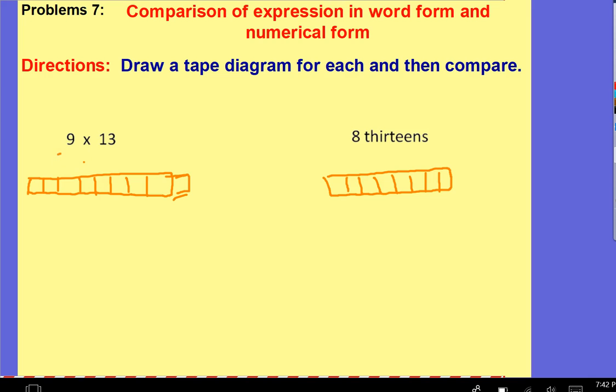What I can do is look at what I know. I'm making 9 copies of 13 on the left side. This side I'm making 8 copies of 13. So if I have 9 copies of 13, that's obviously going to be greater than 8 copies of 13 because I have 1 extra copy of 13 on this side. Okay, so let's take a look at another one.